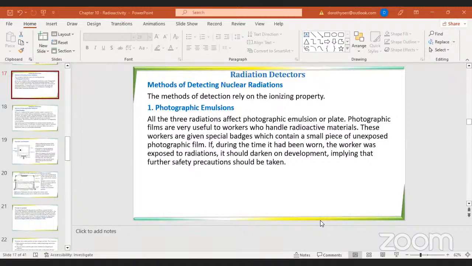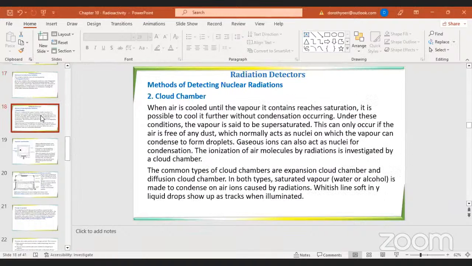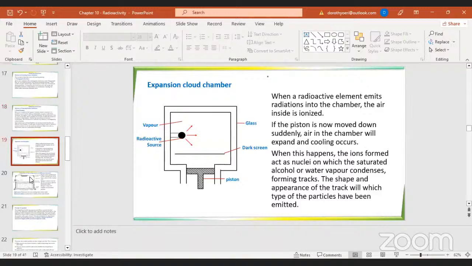They look at the detectors, okay? And I was listing them. The next one is the cloud chamber. There's the expansion cloud chamber and there's the diffusion chamber.